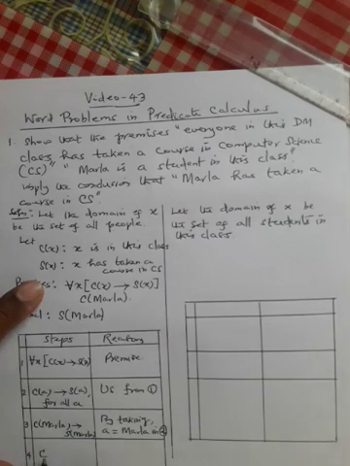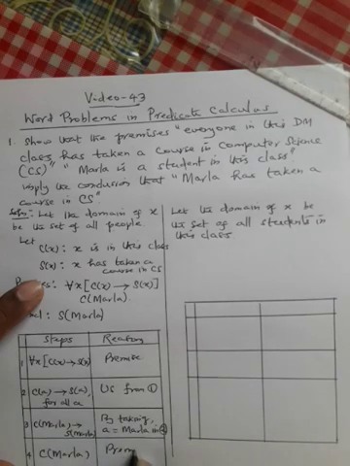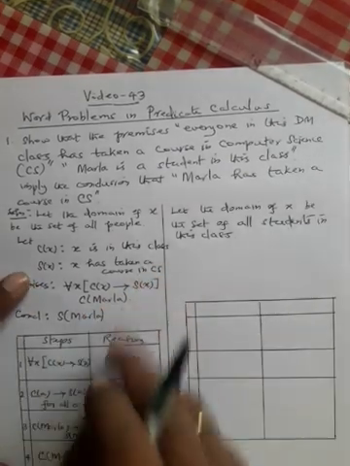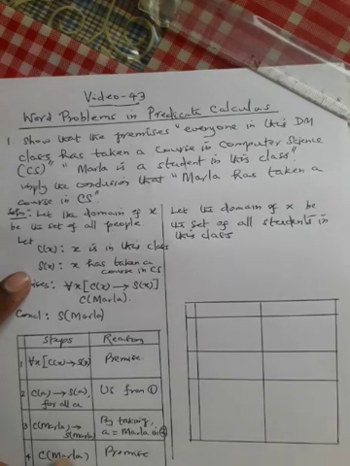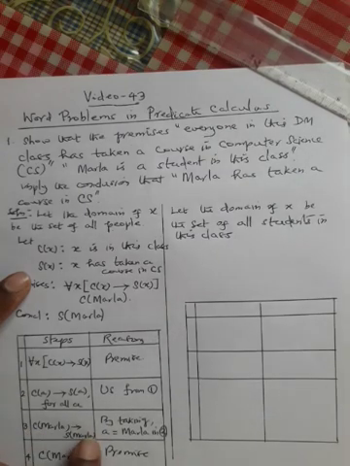Fourth one, C of Marla, that is the second premise. Now we have C of Marla and C of Marla conditional S of Marla.